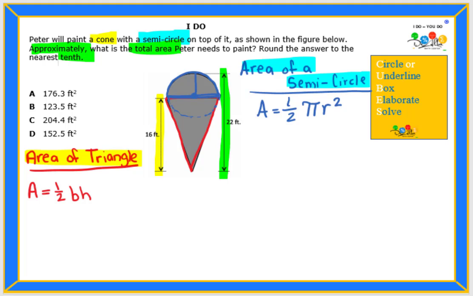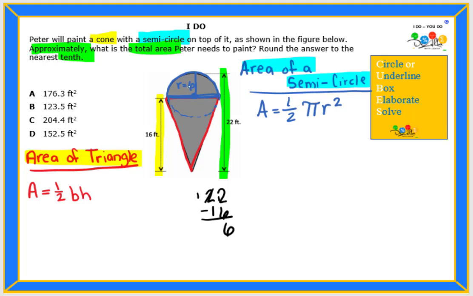So that's going to be 22 minus 16, and that'll give us 6. So that means the radius, from the center, right here at the base of the triangle, which would be the center of the circle, to the edge of the circle, is 6.